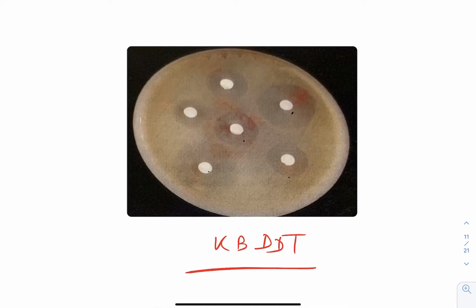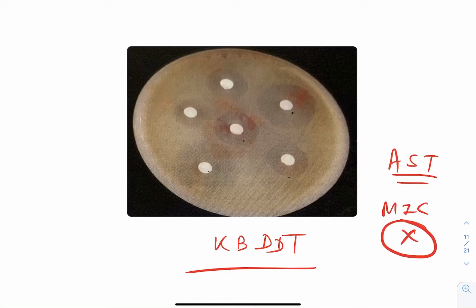In this you already know that you prepare a lawn culture and then put the antibiotics, and around that antibiotic there is a zone of inhibition which comes up, which suggests that this antibiotic is working on this organism. This is what you do for antibiotic sensitivity testing, but this is not used for MIC.